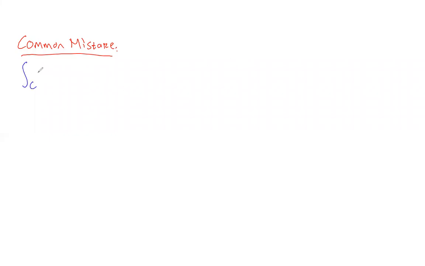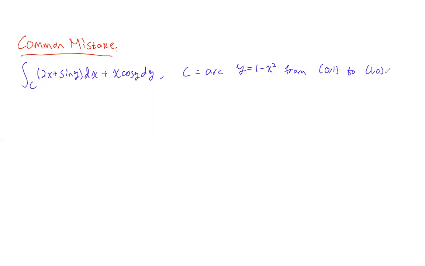Again, we have the integral over C of 2x plus sine y dx plus x cosine y dy. And again, C is the arc of the parabola y equals 1 minus x squared from (0, 1) to (1, 0).